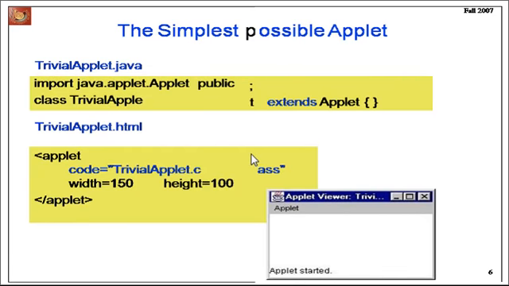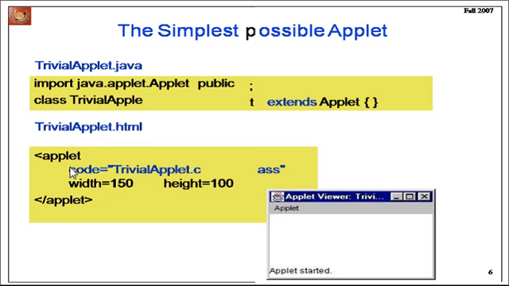Here is a simple applet code. To draw a simple applet on your browser, firstly we create a Java file named trival_applet.java. Here we mention a package, import the java.applet package, take the class trival_applet, and extend the Applet class. The second file is an .html file to draw the applet panel on your browser.